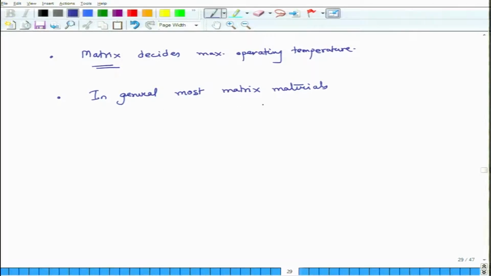So, in general most matrix materials are light, flexible, weaker relative to fibers. Okay. So, we have to bear this in mind when we are designing the overall system. So, this is very important.